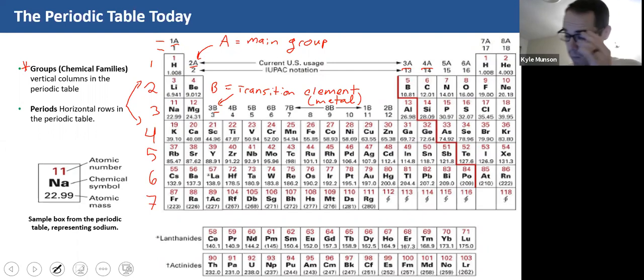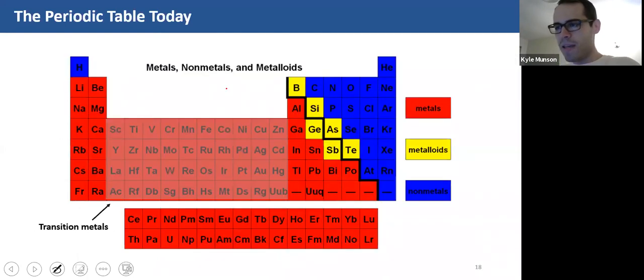Okay, so now the differences between metals and non-metals and metalloids, which we won't be talking too much about in this class, is shown here. And you can have this table for reference. The non-metals are shown here in blue. All the metals in the periodic table are in red.